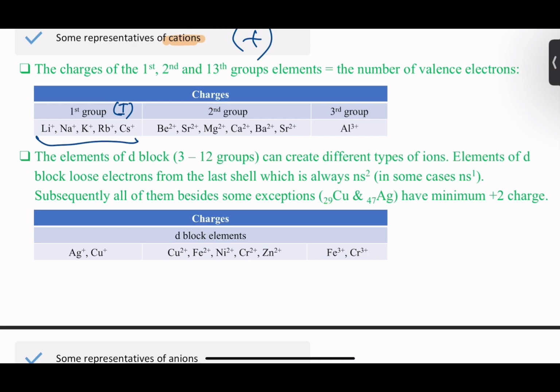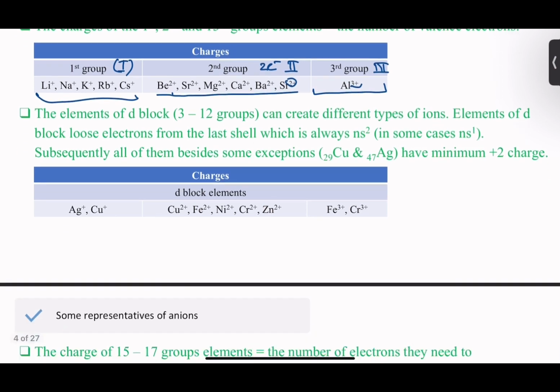The second group has 2 electrons in the last shell, so they lose them to get an octet, and then they become +2 charged. The third group has 3 electrons in the last shell, loses those 3 electrons, and becomes +3. So this group has a valency of 3, and this group has a valency of 2.